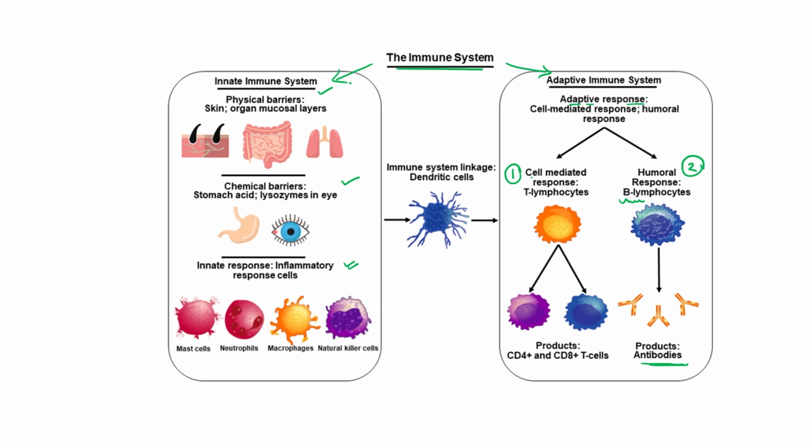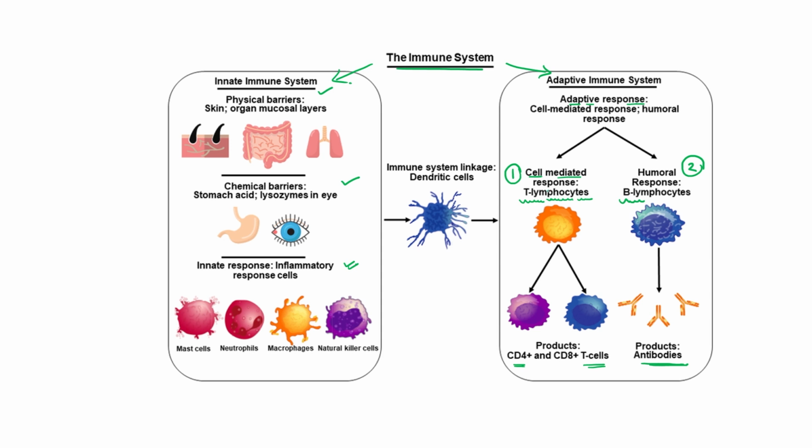In the cell mediated immune response, T lymphocytes participate in fighting the pathogen, and these T lymphocytes are able to produce different kinds of further cells which directly fight with the antigen.